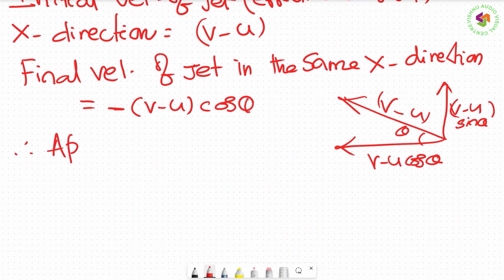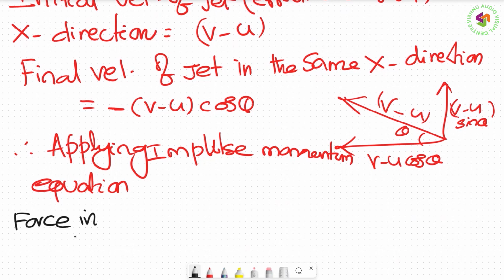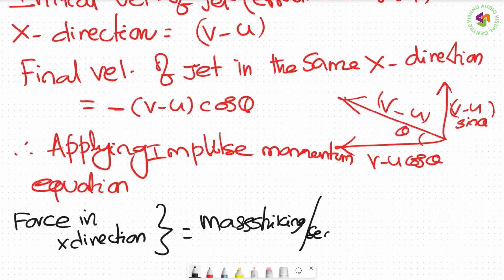Therefore, applying impulse momentum equation, force in x direction is equal to mass striking per second into initial velocity in x direction minus final velocity in x direction.